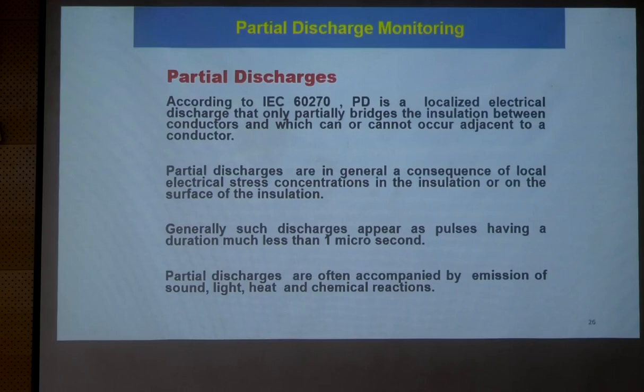That's the challenge. The disturbances are there, but you have to take out the correct problem, that discharge.